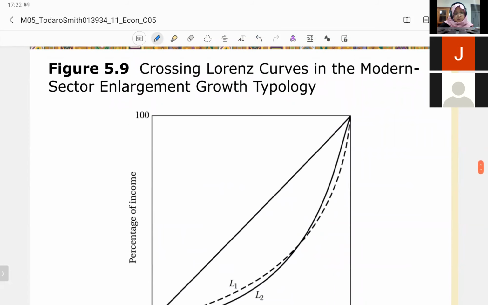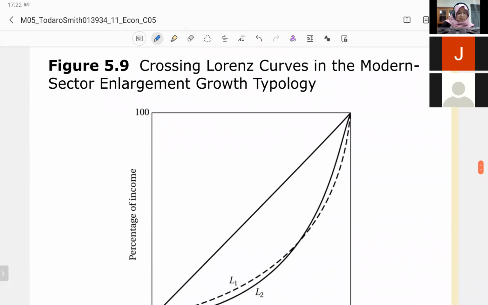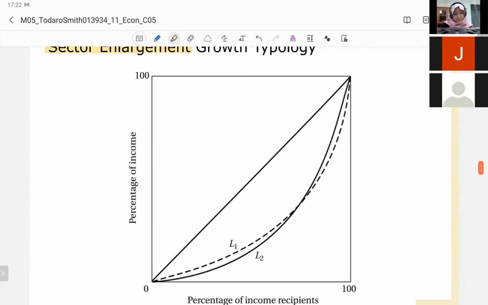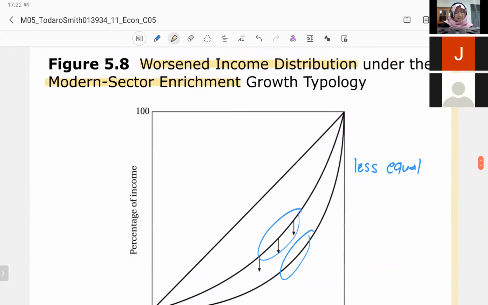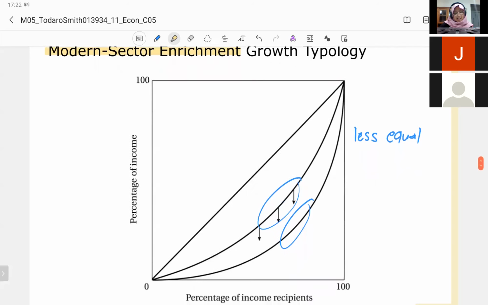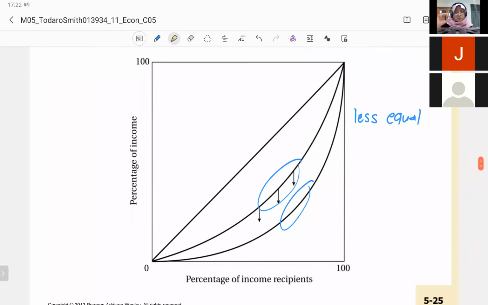If you are going to do a modern sector enlargement, so the difference between enlargement and enrichment. With the enrichment, you basically make the case when the result of the economy goes to the rich people's pocket.